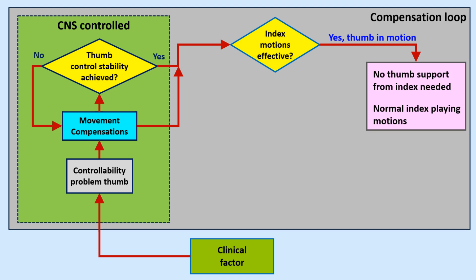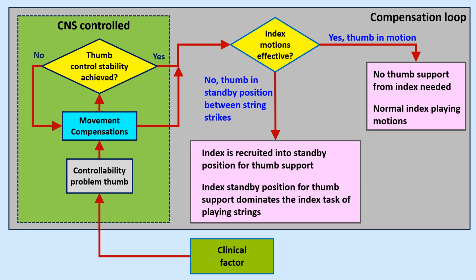Therefore, the index playing motions remain fully functional and unaffected. However, the control compensations in the thumb in slow playing involved recruiting the index for thumb support. By hypothesis, in the index, the thumb support task dominated the task of playing strings, causing in the index a problem with the task of string plucking.